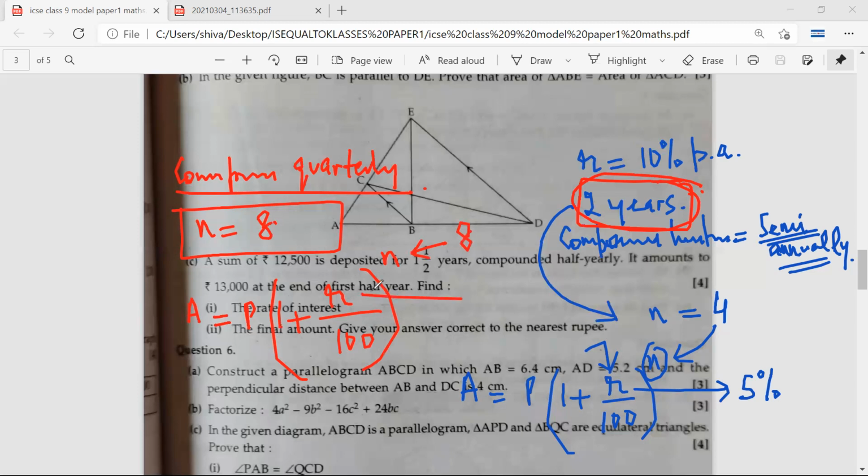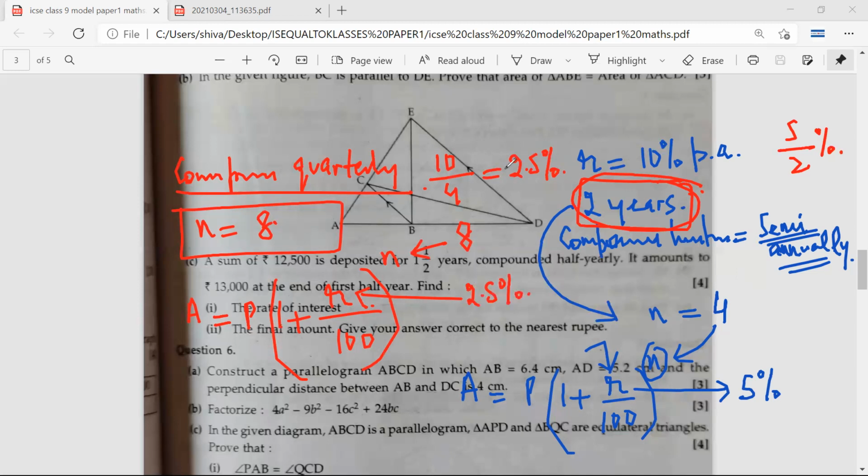And what will be R? So 5 by 2. It can be 5 by 2 or what you can say is 10 by 4. Both are the same. Have you understood the logic? Yes, sir.